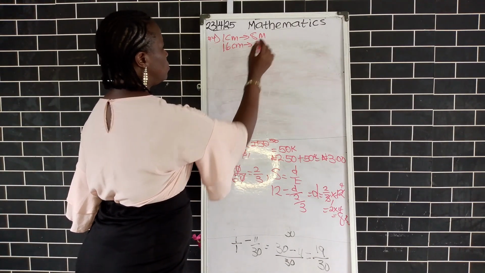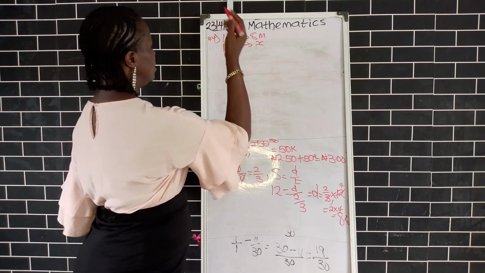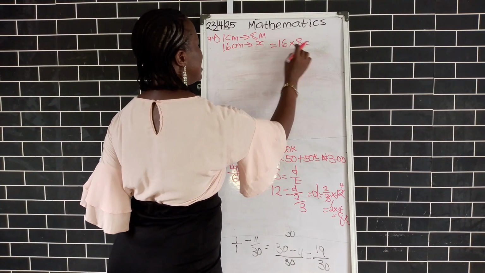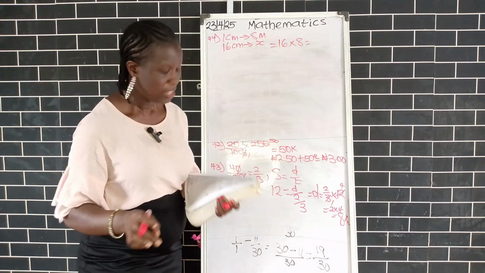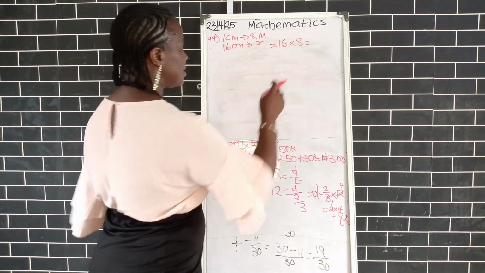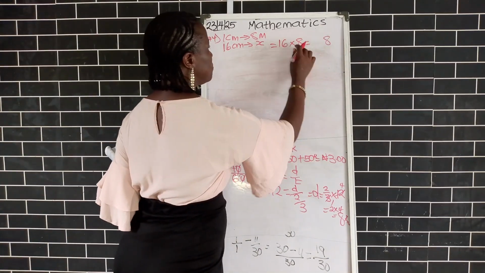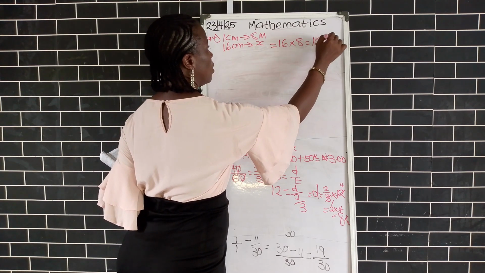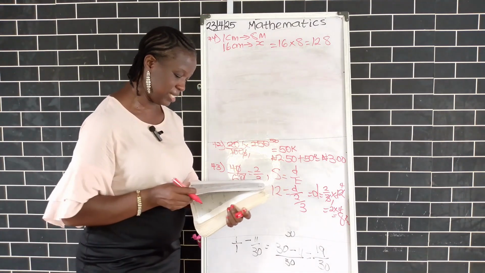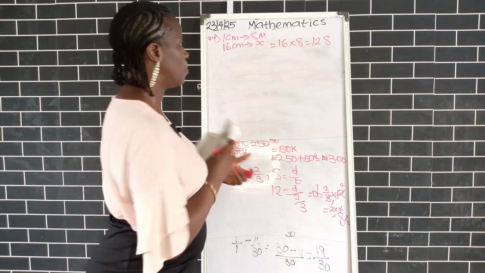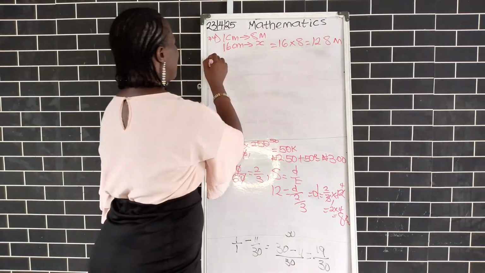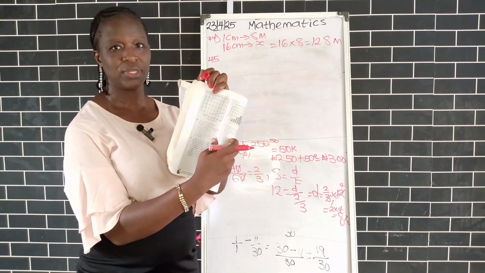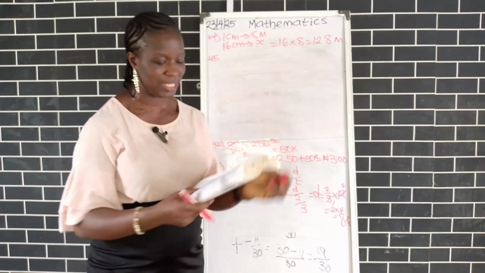So this is unknown, and when you see a question like this, it will be 16 times 8. 8 times 6, that is 48. We write 8, holding 4. 8 times 1, 8, plus the 4, that is 12. So we have 128 meters. Number 45.